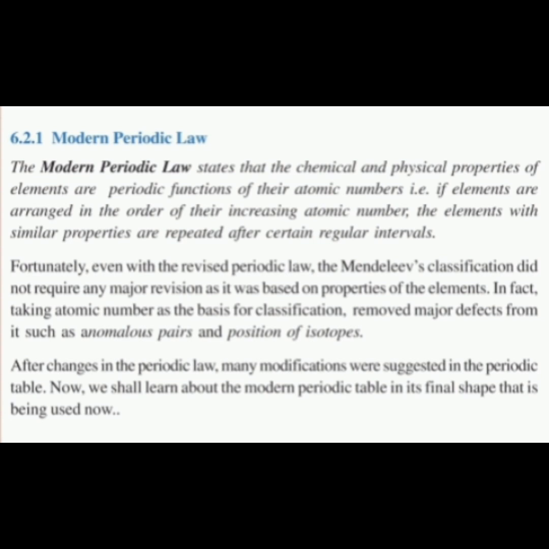That is, if elements are arranged in the order of their increasing atomic number, elements with similar properties are repeated after certain regular intervals. This is called the modern periodic law.